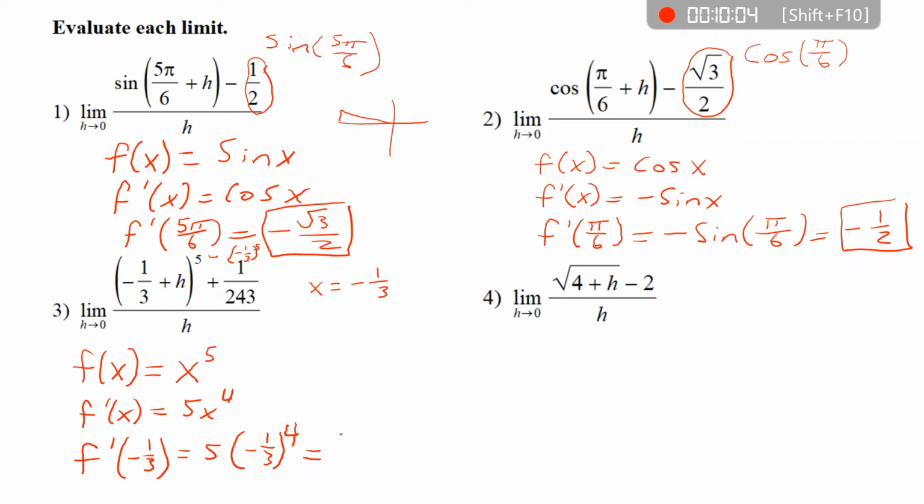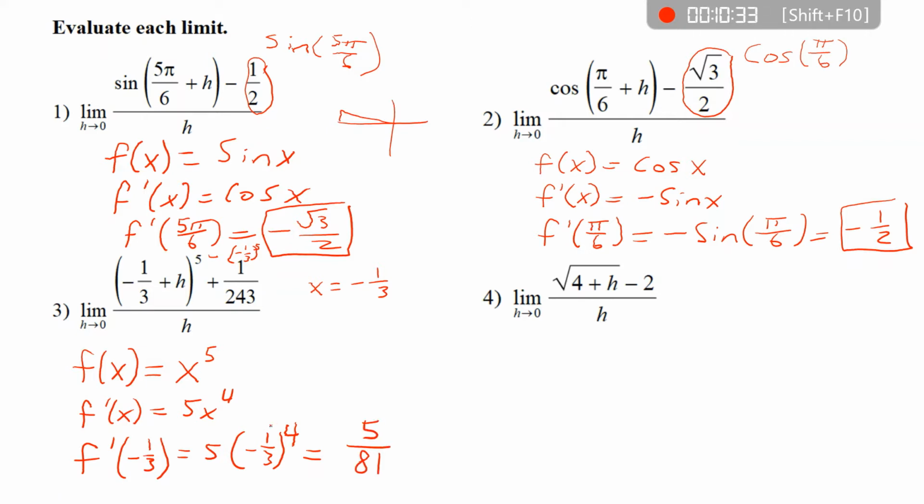I don't know. I guess I've got these memorized now that I've done them enough, but you're just multiplying by 3 four times. So 3, 9, 27, 81. Okay, 5 over 81.